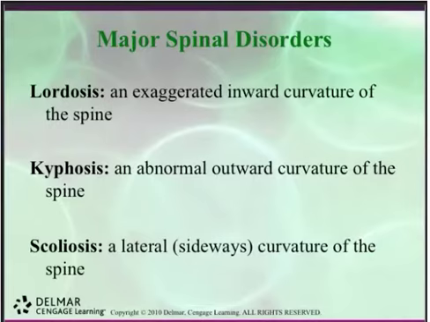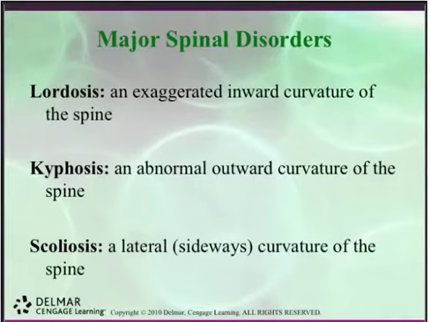Some of the possible causes of lordosis, again, are obesity and pregnancy. Scheuermann's disease is a degenerative deformity of the thoracic vertebra that can result in kyphosis. Again, the most probable cause of kyphosis in older persons and postmenopausal women is osteoporosis.